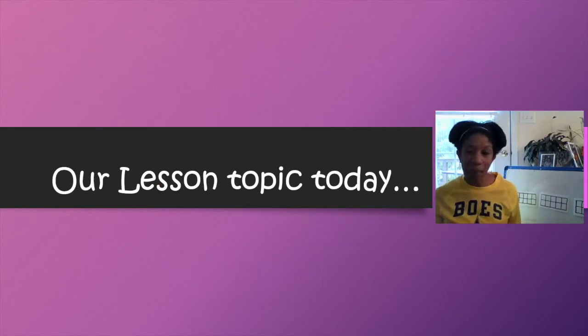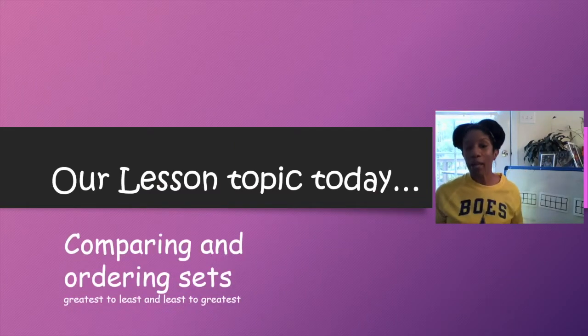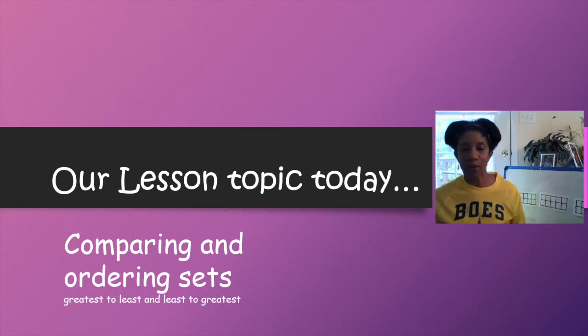Our lesson topic is going to be comparing and ordering objects in sets so that they are greatest to least or least to greatest. Now, we've talked about comparing in a previous lesson, so we're going to use that skill today to build on it, and so we're going to be now comparing and ordering.